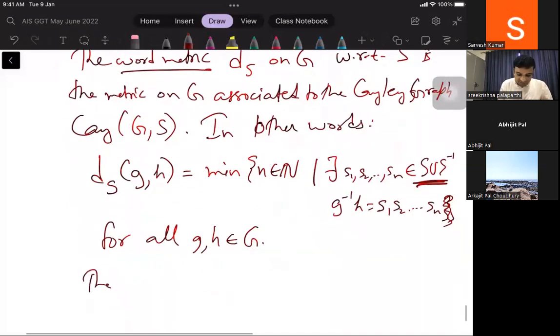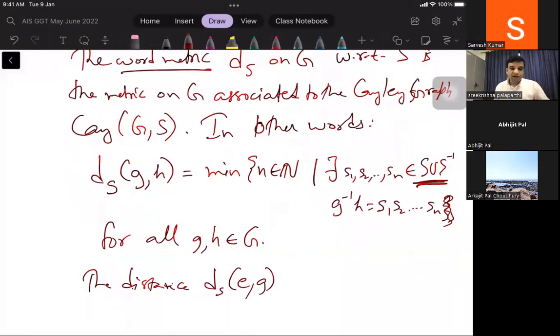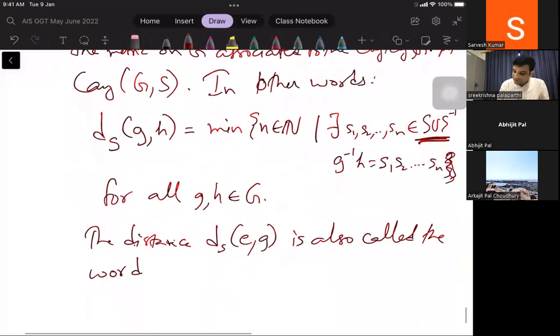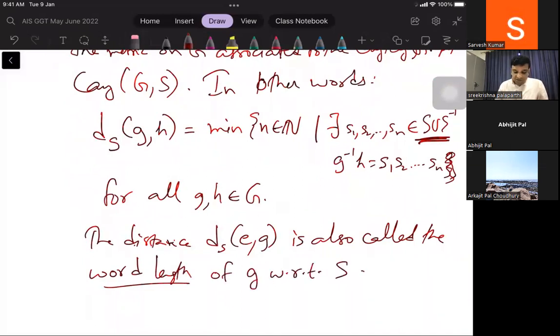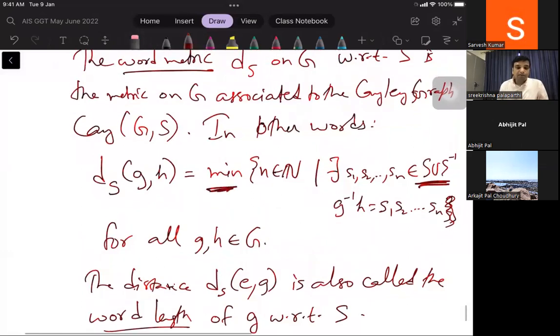The distance, excuse me, the distance dS between the identity and G is also called the word length of G with respect to S. So this is well defined because we are taking the minimum.